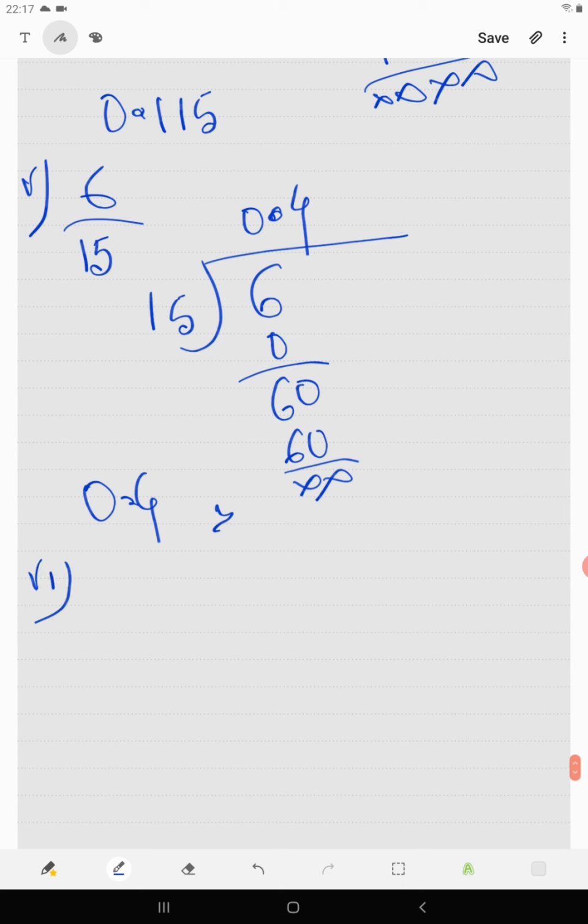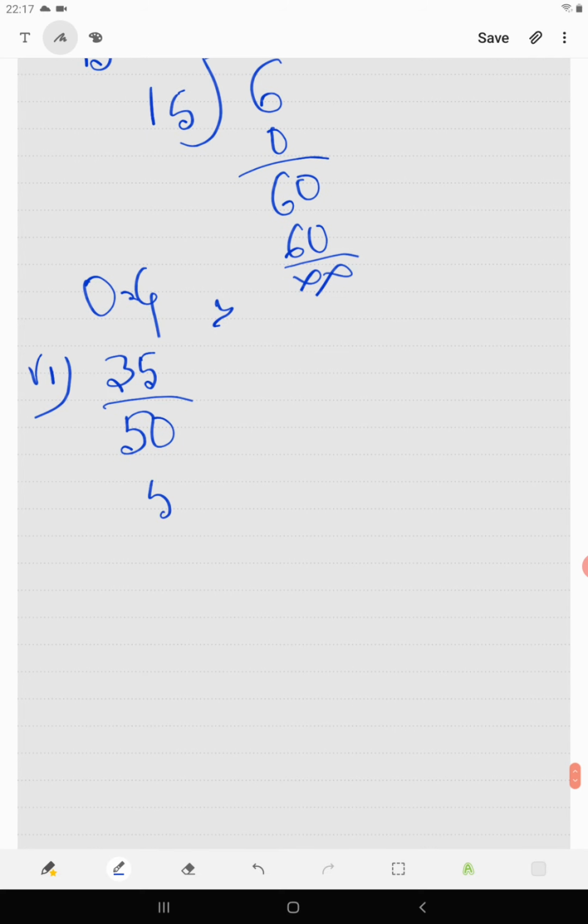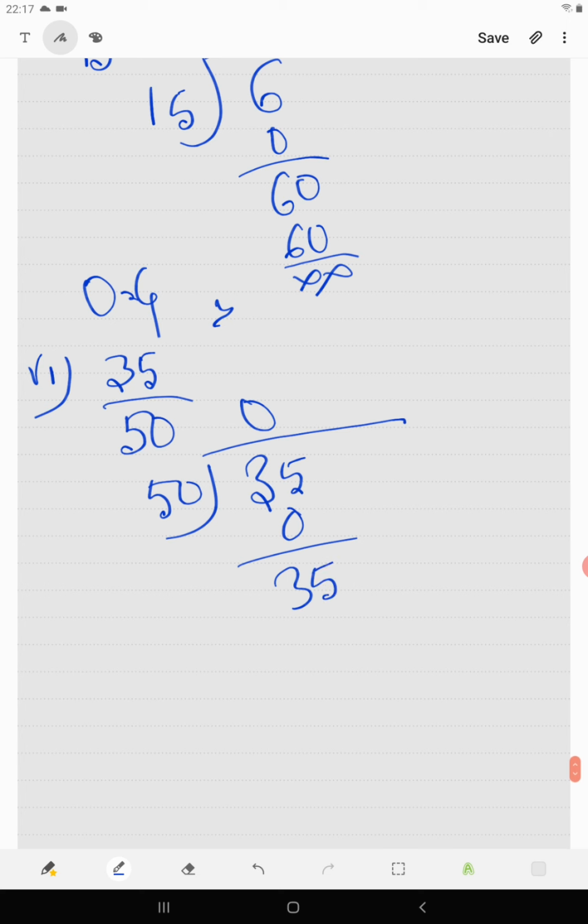Sixth one, that is terminating, is the ninth question for question 1. That is 35 by 50. Let's divide. 0 0 35.